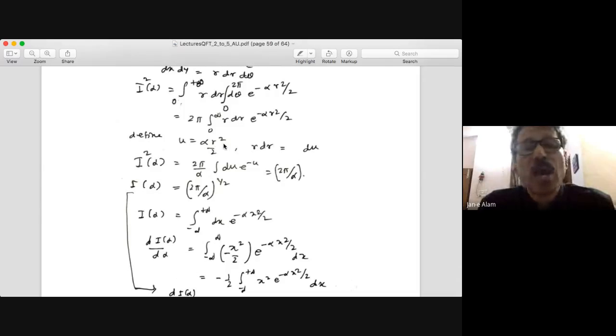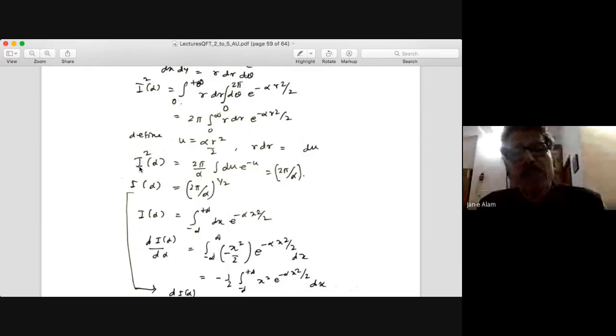Define u equal to alpha r square by 2, so that alpha r dr will be equal to du. So I_alpha squared will be 2 pi by alpha times the integral of du e to the minus u. And then I_alpha will be just the square root of this, because I have evaluated I_alpha squared.